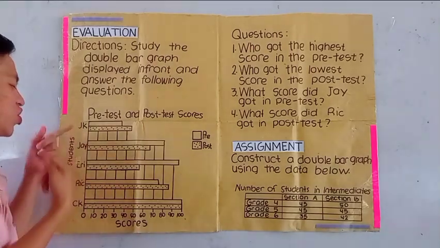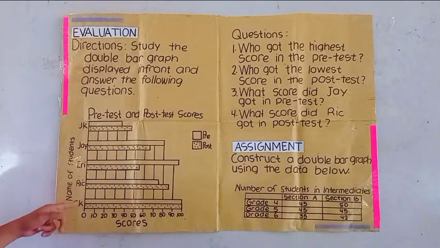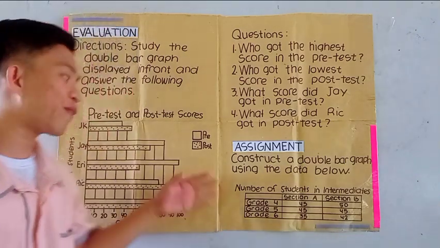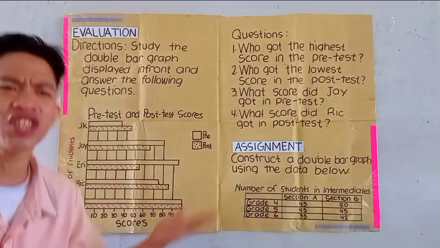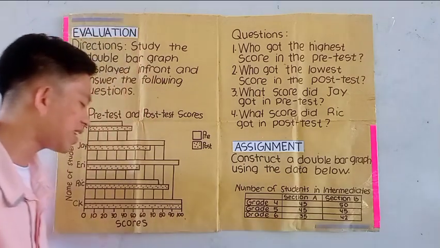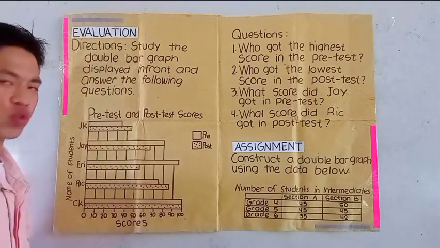Correct, it is GK, Jay, Ari, Rick, and CK. And now, what are the estimated scores that can be found in the double bar graph? We have 0, 10, 20, 30, 40, 50, 60, 70, 80, 90, and 100 as the highest score. So those are the scores.